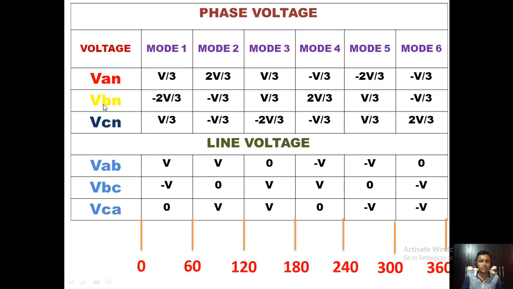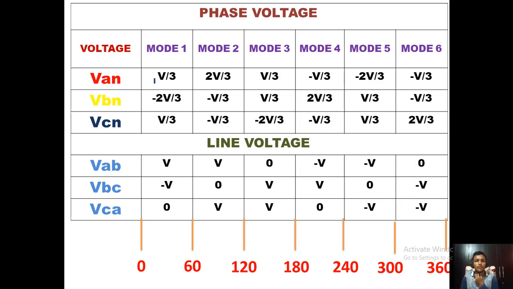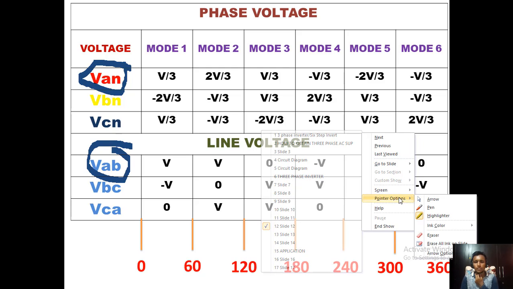These are the phase voltages and these are the line voltages. So if we know the values, then you can draw the waveforms easily. For this example, we will only draw the waveform for phase voltage VAN and for line voltage VAB. So let us start drawing the waveforms.